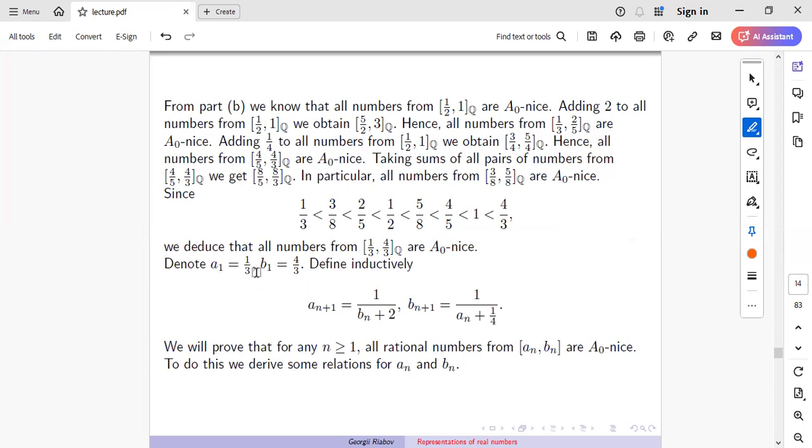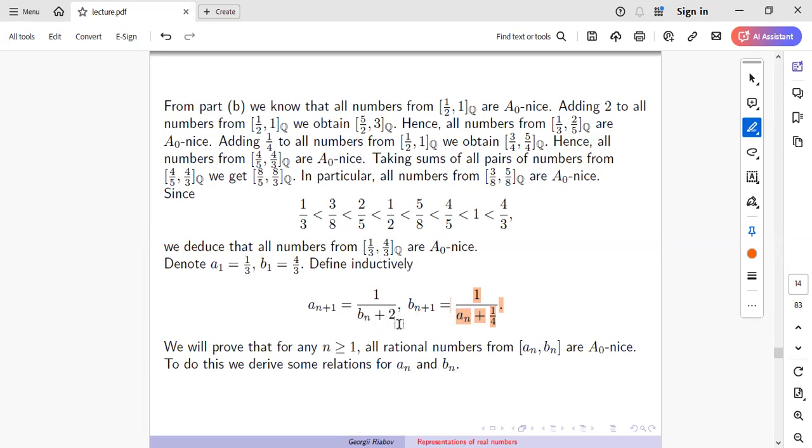Now, A1 is 1 over 3, B1 is 4 over 3. And let's define A_{n+1} as 1 over (B_n plus 2), and B_{n+1} as 1 over (A_n plus 1 over 4). Okay, so we add like the smallest A0 nice number and we should get a bigger A0 nice number, bigger than B_n.